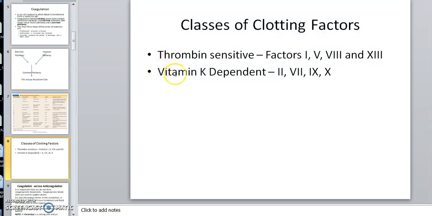For example, for clotting factors 2, 7, 9, and 10, you need vitamin K. Vitamin K is required by the enzymes that make the clotting factors.